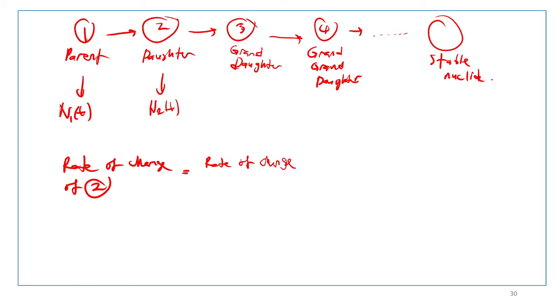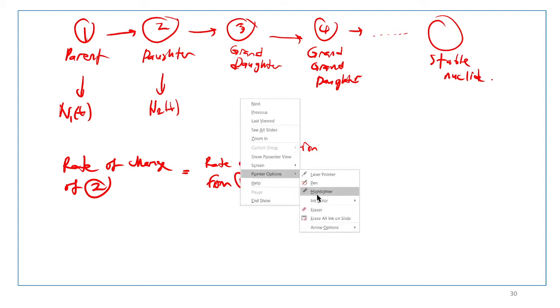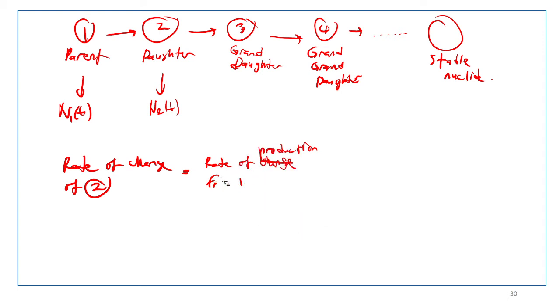No, not rate of change, it's supposed to be rate of production from the parent. Okay, I better write it nicely.